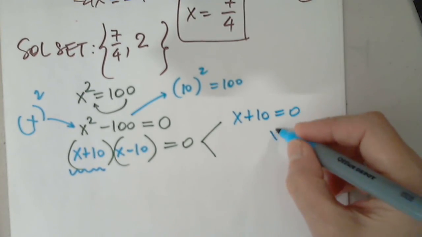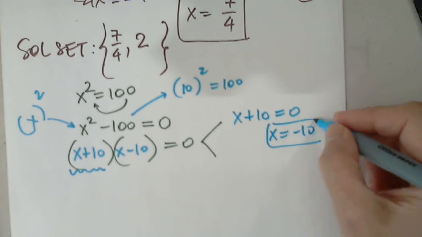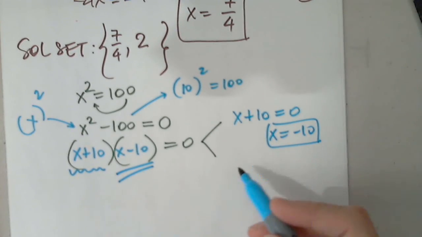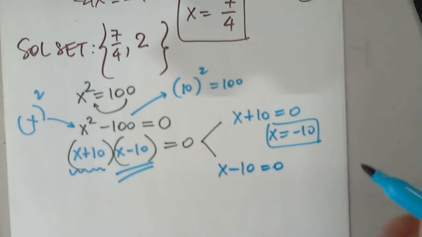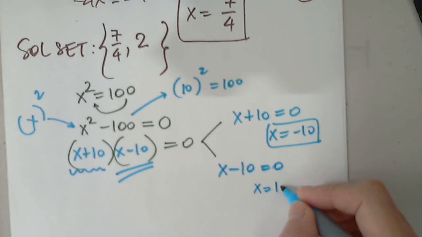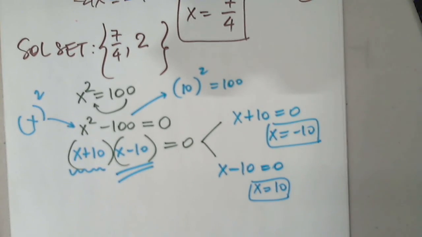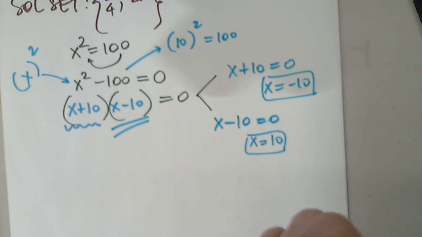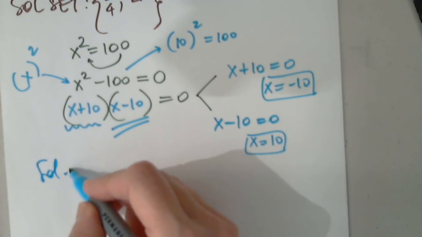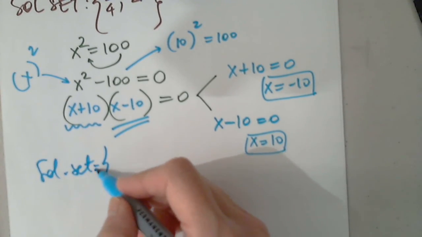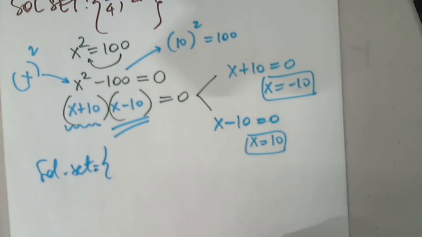So now the first factor could be 0. When I move 10, I get x equals negative 10. Or the second factor can be 0. And when I move negative 10 to the other side, I get 10. So you can write a solution like that or a solution set. And I'm writing this for you because my lab math will ask you something like that.